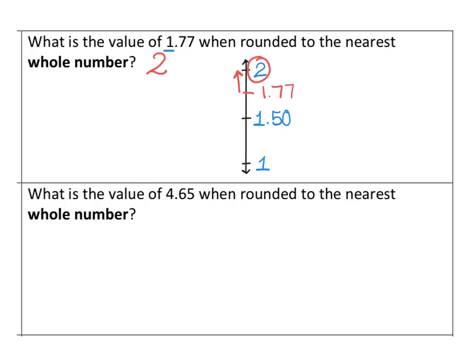Let's read the next question. What is the value of 4 65/100ths when rounded to the nearest whole number? So we're going to draw our vertical number line. Did I get mine drawn faster than you? I cheated, sorry. All right, 4 65/100ths.